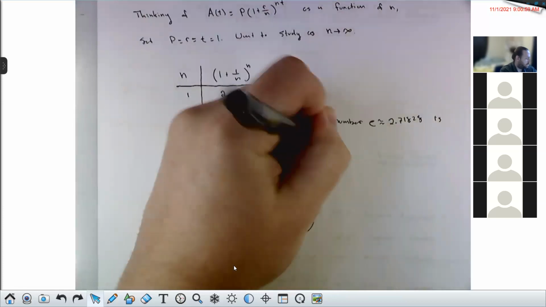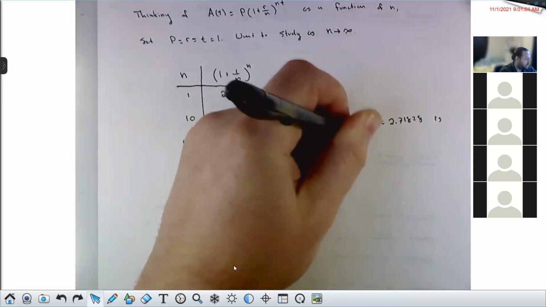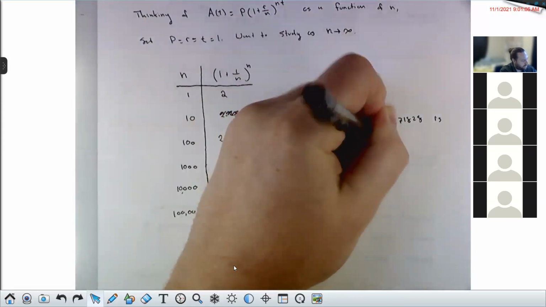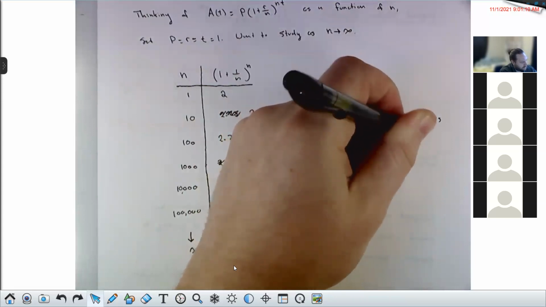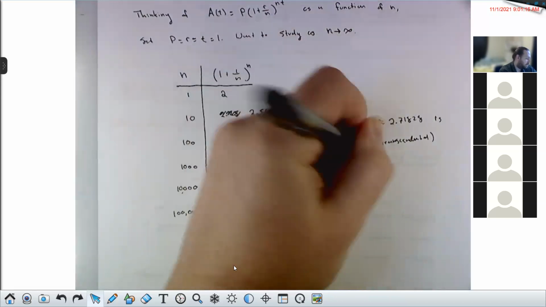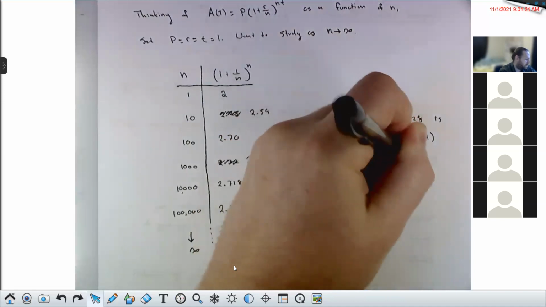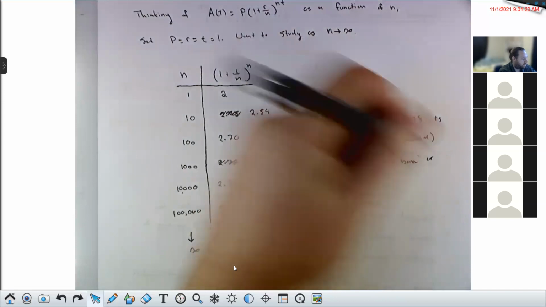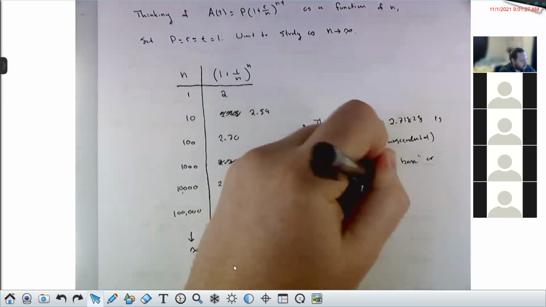It is irrational. In fact, it's one of the special irrationals that I mentioned the other day. It's a transcendental irrational. It's called the natural base, or Euler's number.